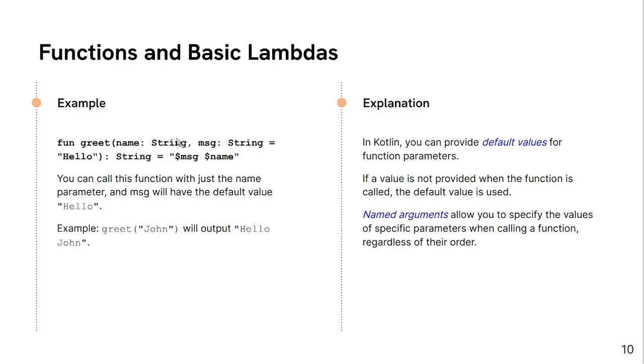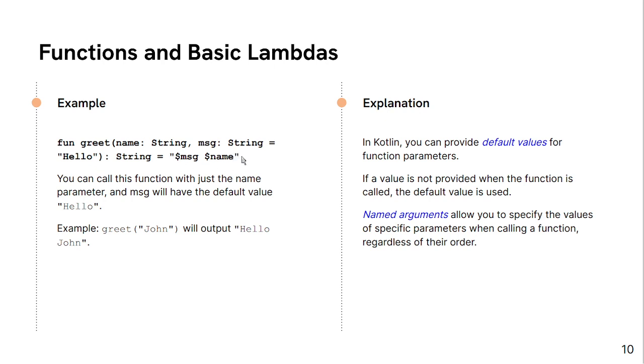For example, we can define function greet with a name and message. The default message is hello. So when we call greet John, the result would be hello John. And here is a syntax.